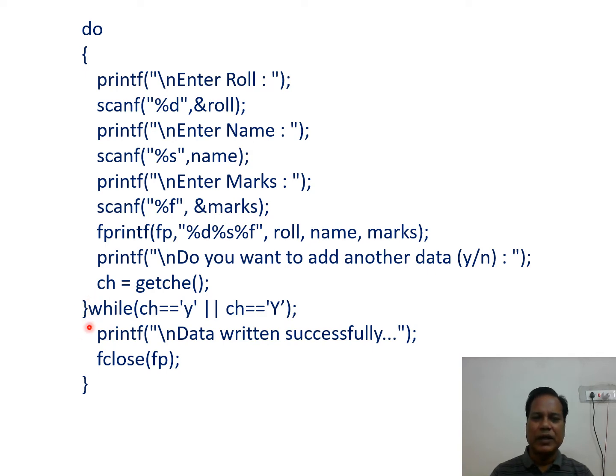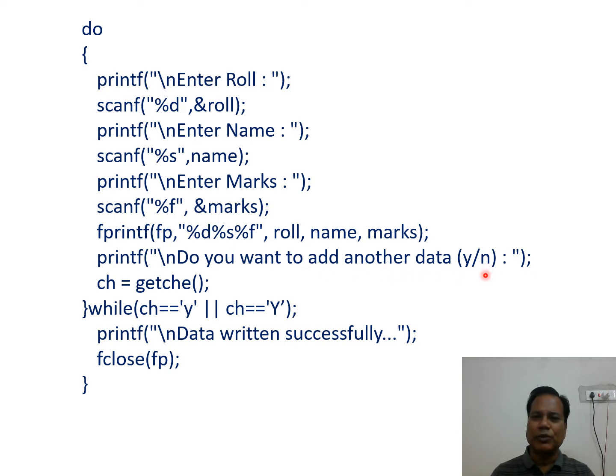Then in the condition of the do while statement, if ch equal to 'y' or ch equal to 'Y', whether the character is lowercase y or uppercase Y, if this condition is true, then again the roll number, name and marks are entered, and then again there is a message asking whether he or she wants to add another data or not.